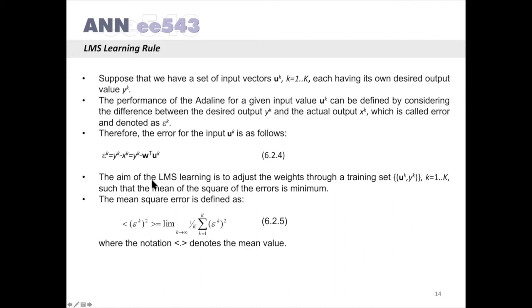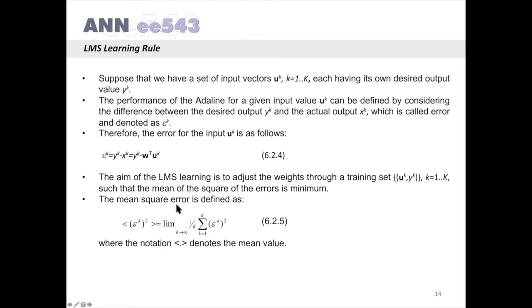The aim of least mean square learning is to adjust the weights through a training set of pairs u_k, y_k, where u_k is a vector and y_k is the corresponding desired output, k from 1 to capital K, such that the mean of the square of the errors is minimal.